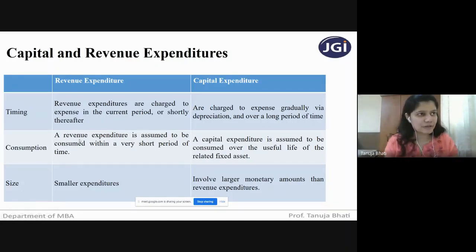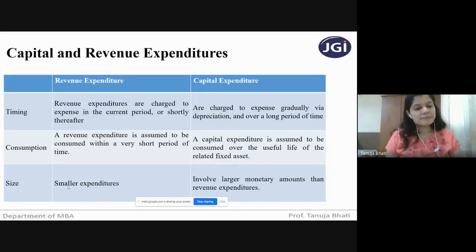Whereas capital expenditure, you will consume that particular asset for a longer period of time, up to the life of the asset. Till the asset can work, you're going to use it. You will use such expenditure over the life of the fixed asset.